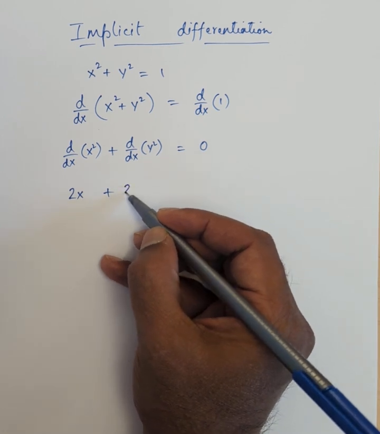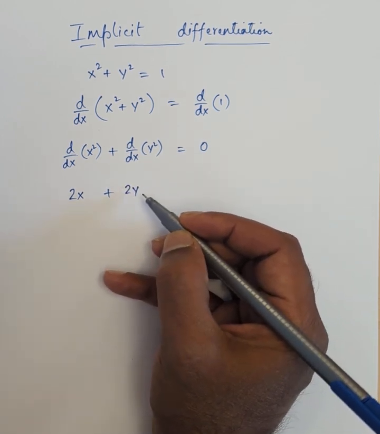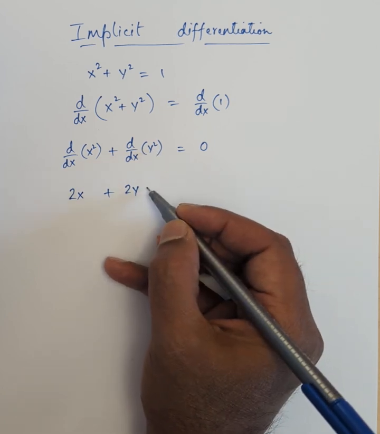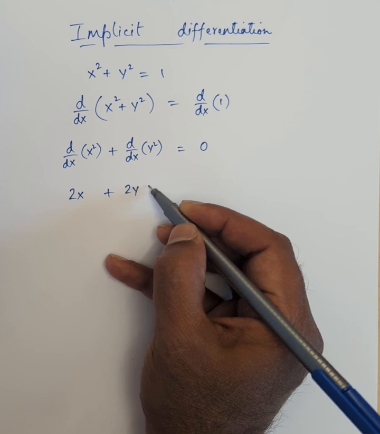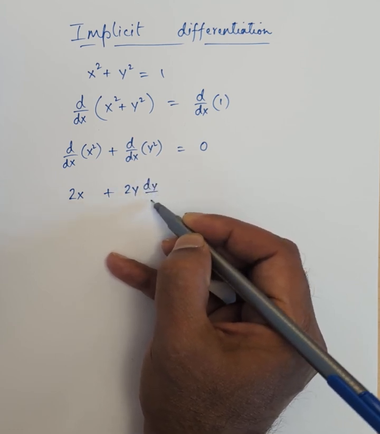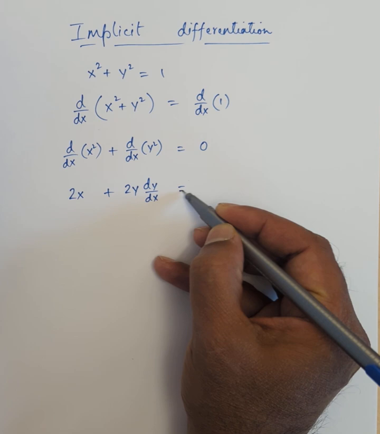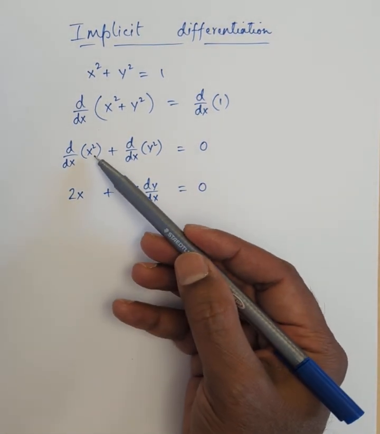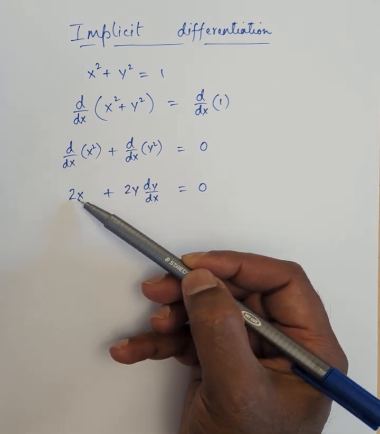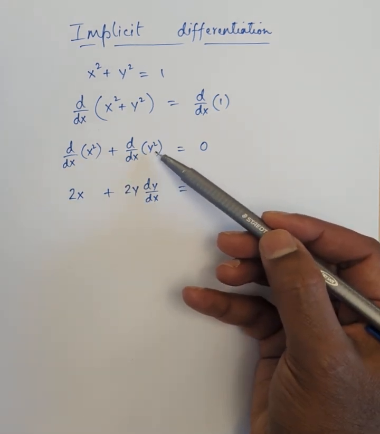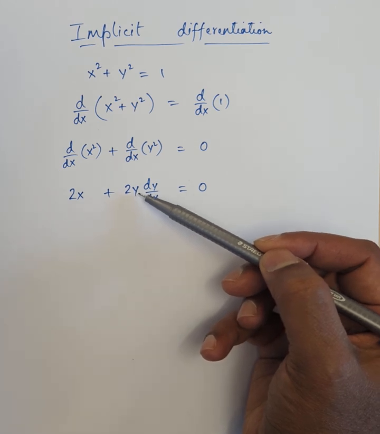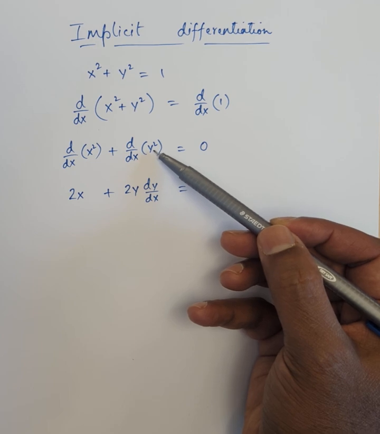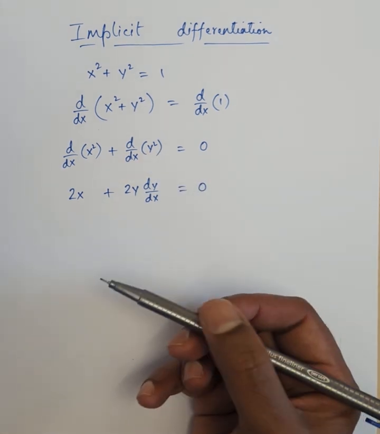So you would have 2y for its derivative, but again y itself is a function of x, so we have to multiply with the derivative of the inside function, which is dy over dx, equal to 0. So long story short, the derivative of x squared is just 2x, but the derivative of y squared would be not just 2y, but 2y times dy over dx, because we are taking the derivative of y with respect to x as well.